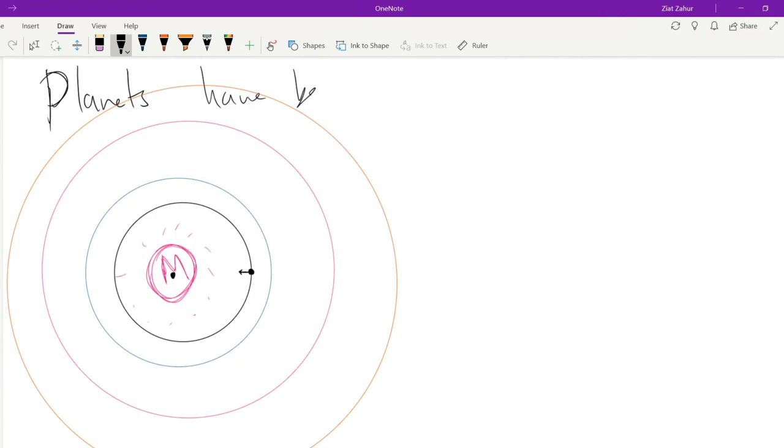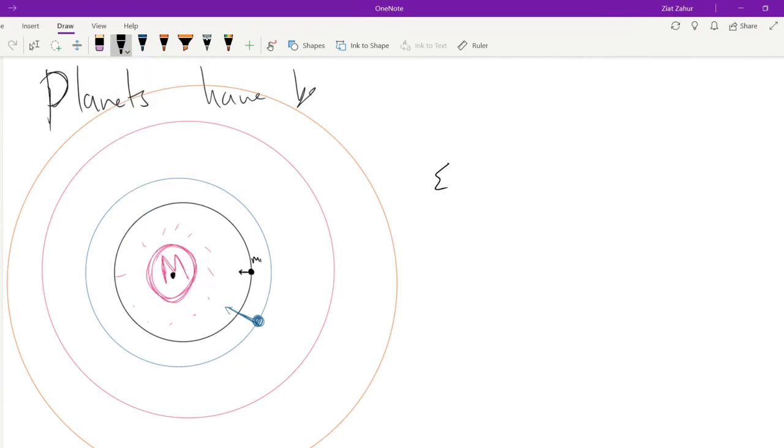And so if this is little m1 here, and then we have second planet m2, m2 also points towards the center, so the net force also points towards the center.